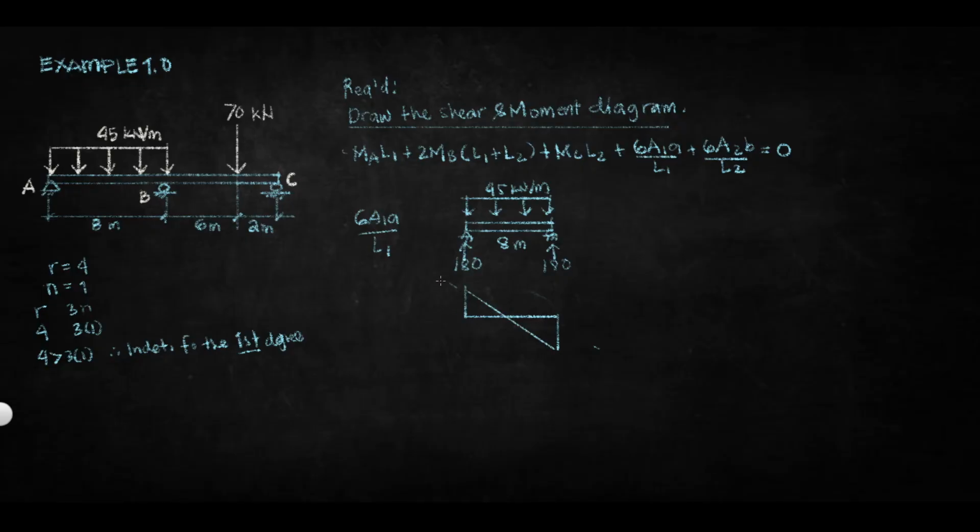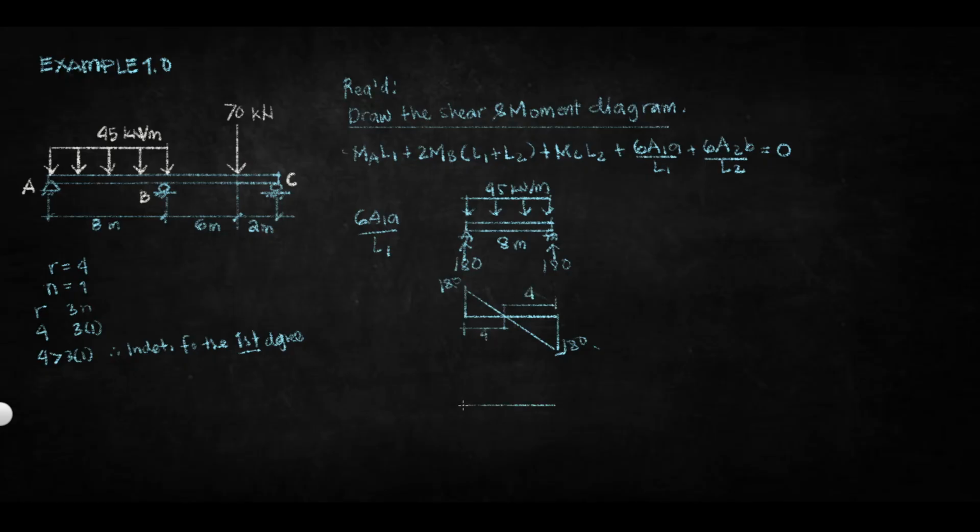So of course this is 180 and this is 180, which is negative. Okay, and then dahil parehas na 180 yan, we can conclude here na the same po yung length niyan. That is equal to 4 meter.